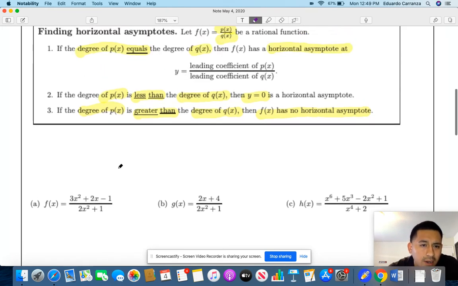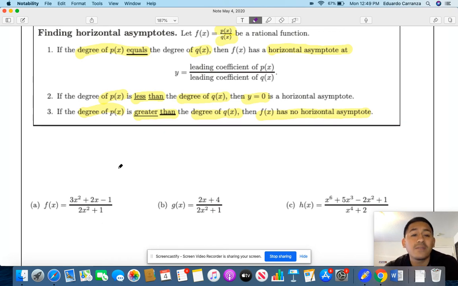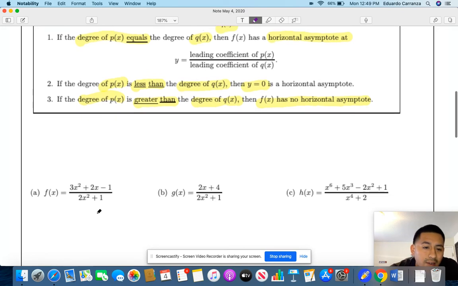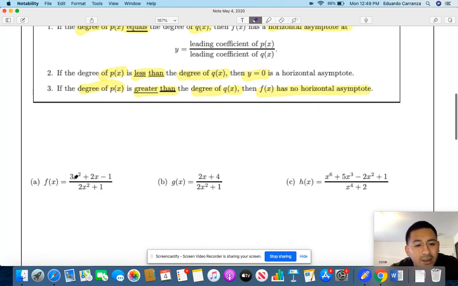And so the first rule says if the degree of p of x is equal to the degree of q of x, let's check to see if that's true. The degree of the polynomial on top is 2, and the degree of the polynomial in the denominator is also 2. So both of these polynomials have the same degree. The highest power term for both of them is 2. So since both of these polynomials have equal degree, all we have to do is divide their leading coefficients.